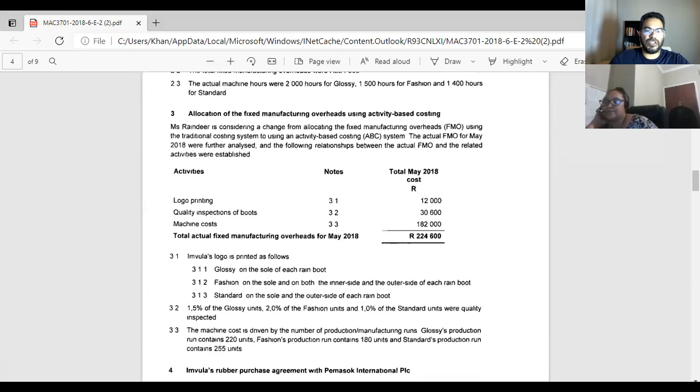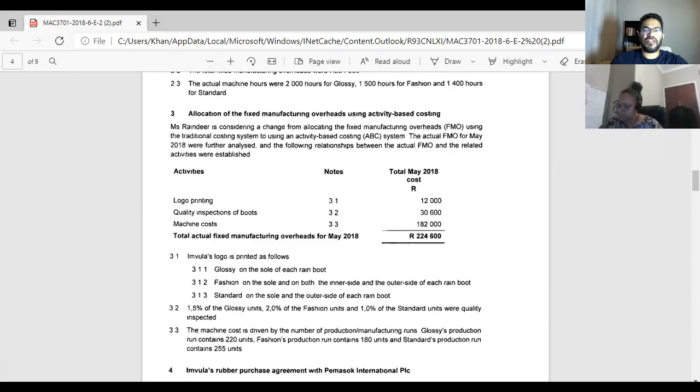So here we're going to read up until number 3 because this is the information we're going to use to answer the activity-based question. So the allocation of the fixed manufacturing overheads using ABC. Ms. Reindeer is considering a change from allocating the fixed manufacturing overheads using the traditional costing system to using the activity-based, the ABC system.